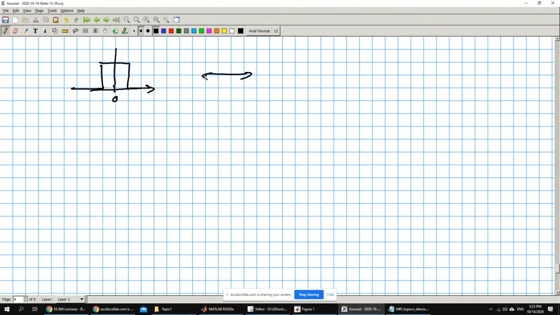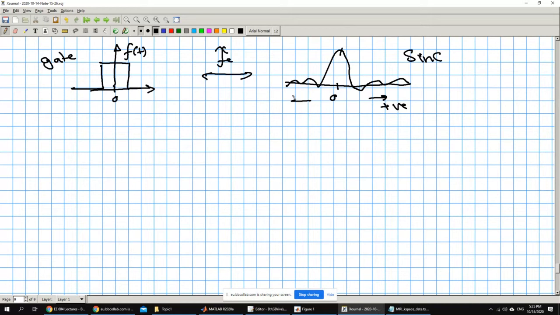If you look up the continuous Fourier transformation of a signal like this, it comes out like this. I'm sorry, I cannot draw it properly, but this is a sinc function. We call this a gate function. The 0 frequency corresponds to the maximum here, and here will be the positive frequencies, and this is negative frequency. So this is the frequency domain.